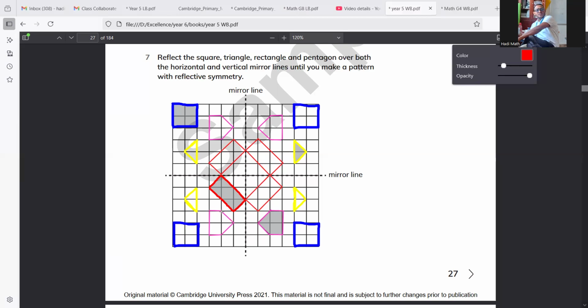This is how the shape is going to look like. This is how your final drawing will be after you finish it. Let's go to see question number A. How is it going to look like?